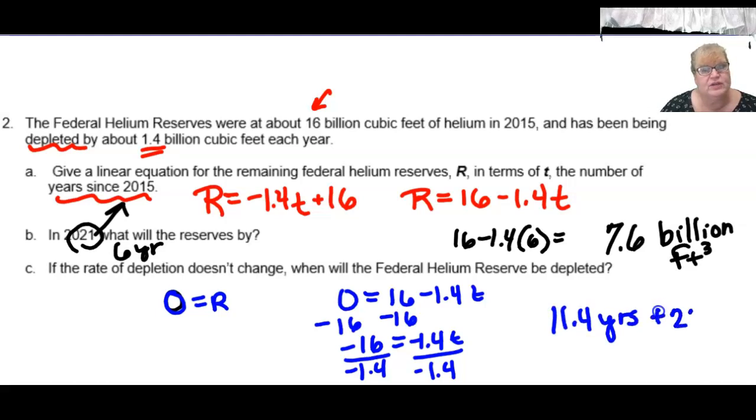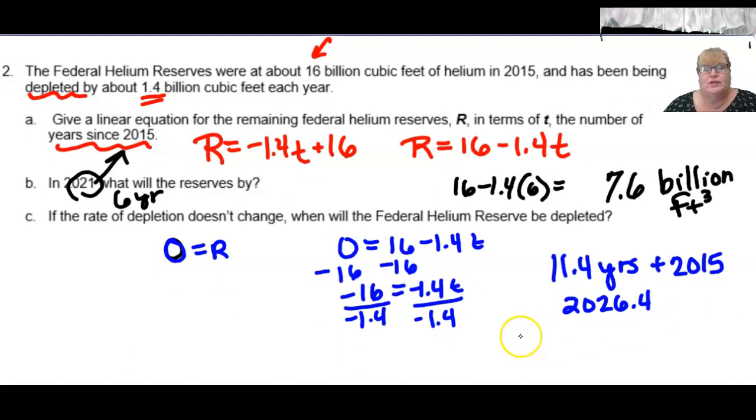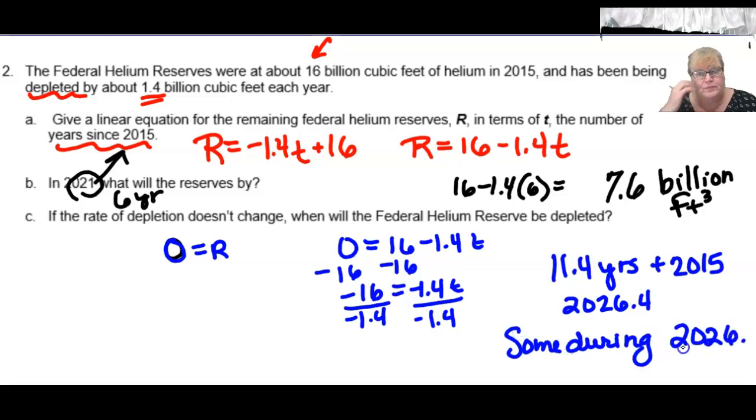So we started counting in 2015. So if we add 2015, we have 26.4. So we would run out of helium, according to our prediction, sometime during 2026, or you could say by 2027 we'd be out of helium.